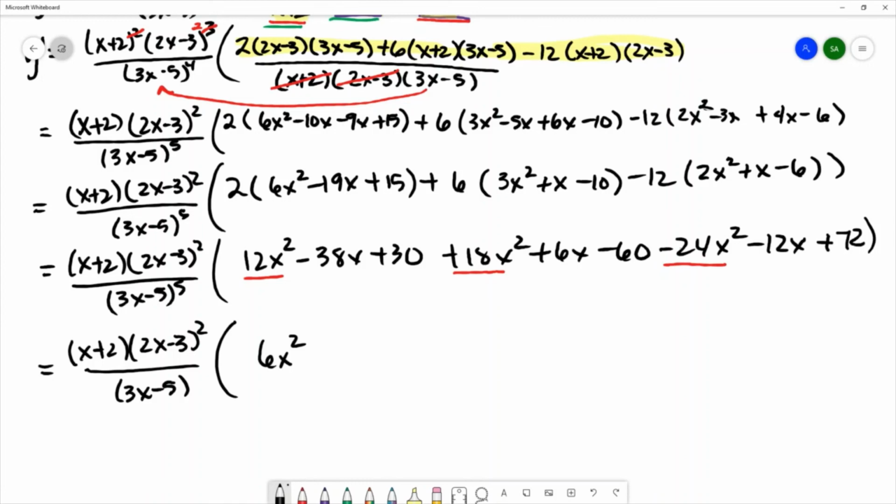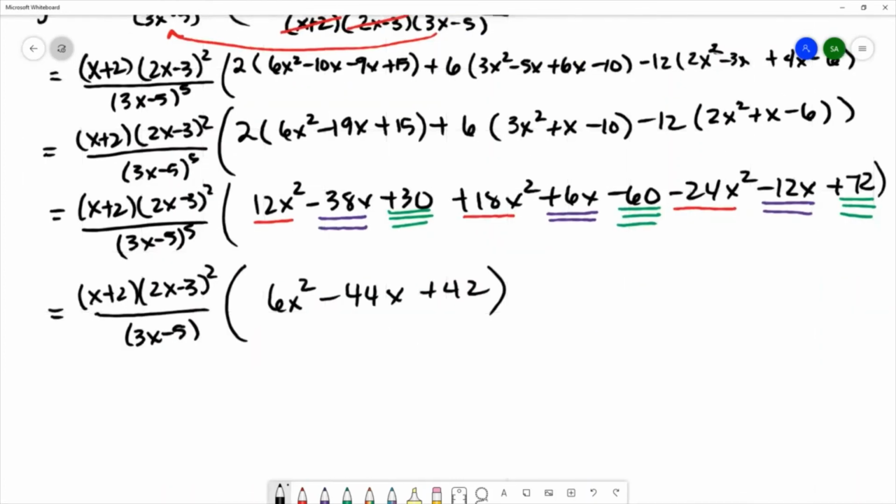And then we have negative 38x, positive 6x, minus 12x. We've got negative 38 plus 6 minus 12 gives me negative 44. 30, 60, and 72. 30 minus 60 plus 72 would give me 42.